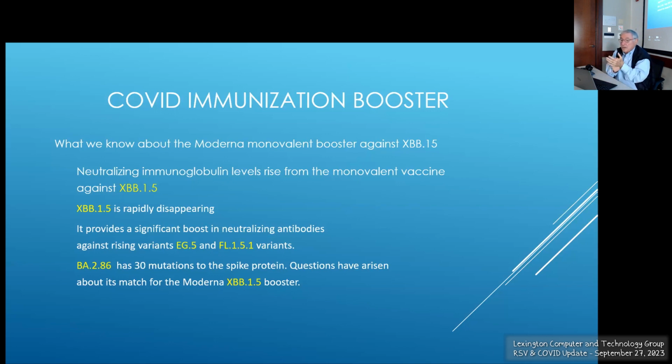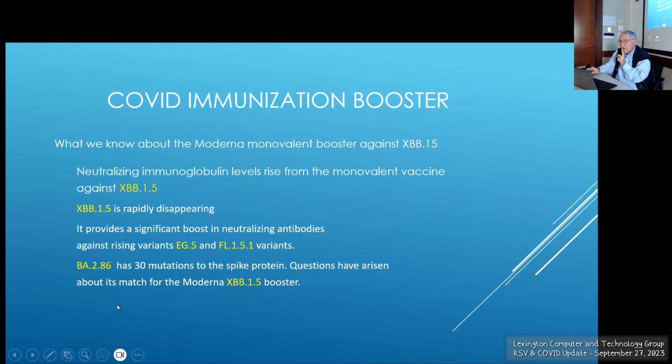That's what neutralizing antibodies are. XBB15 is rapidly decreasing, but the vaccine provides a significant boost in neutralizing antibodies rising against EG5 and FL151. So it does work for these upcoming viruses.